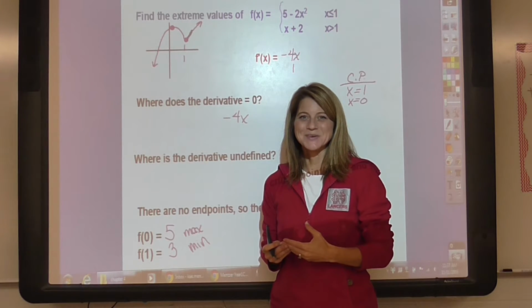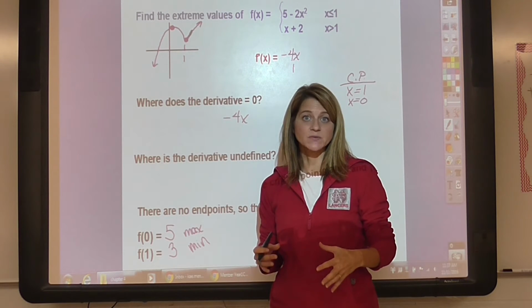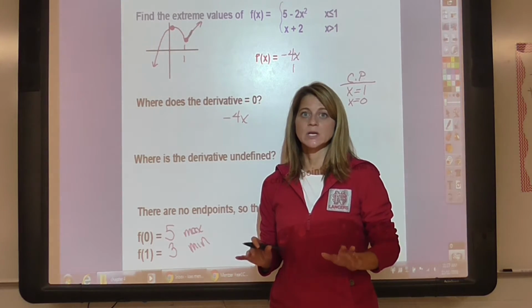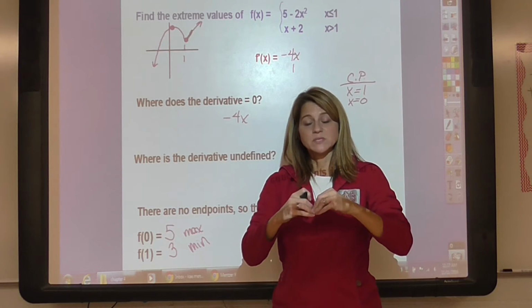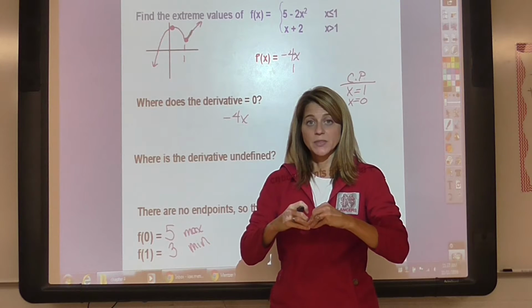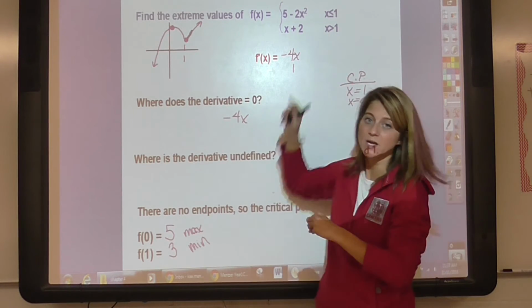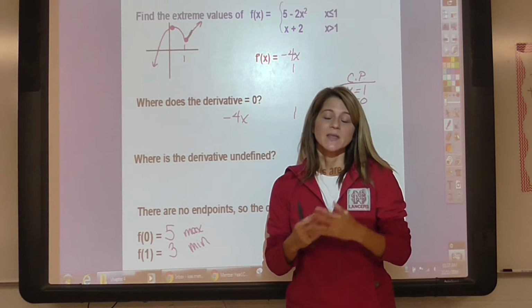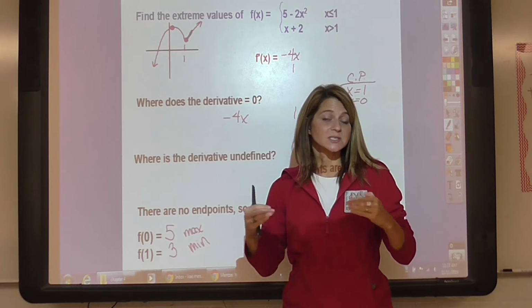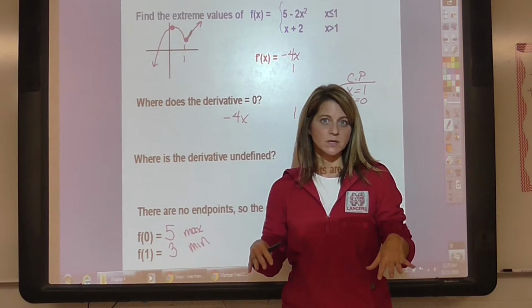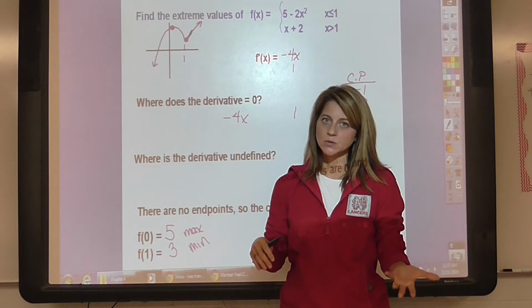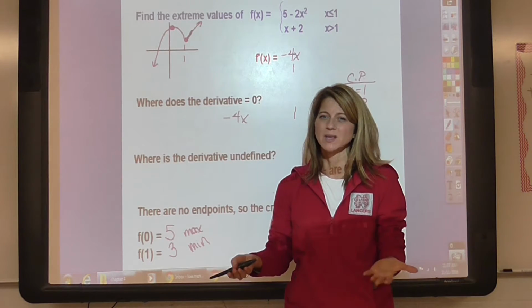So when you get a piecewise function, don't stress over it. Look at where you want them to meet, the x values where you're trying to get them to meet, like 1. That's considered an endpoint. Then take each function separately, find the derivatives, and decide what makes the derivative equal 0, what makes the derivative undefined.